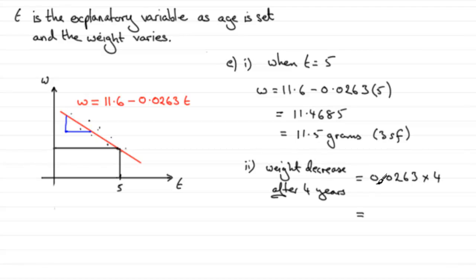And if you work this out anyway, you're going to get 0.1052, which is roughly 0.1 grams then, okay, to 1 decimal place. So every 4 years we expect a decrease of 0.1 gram.